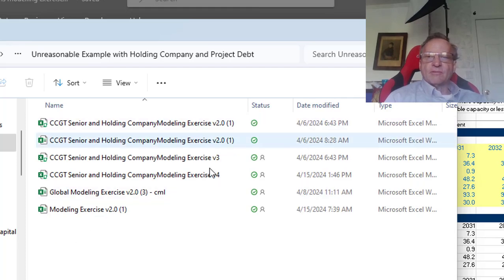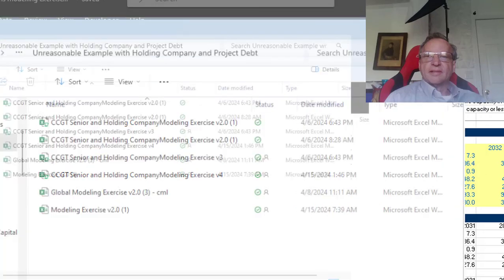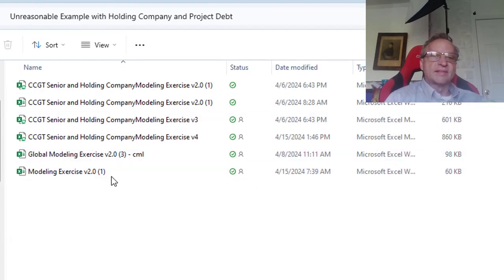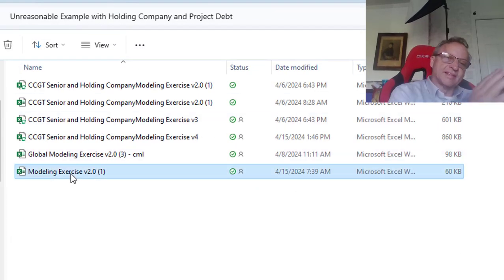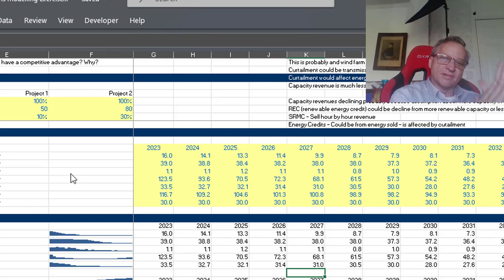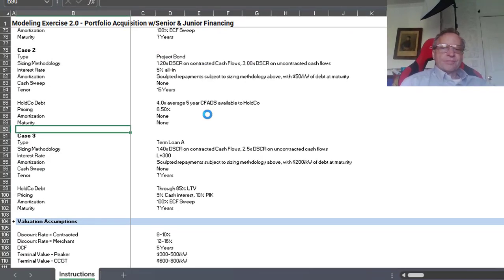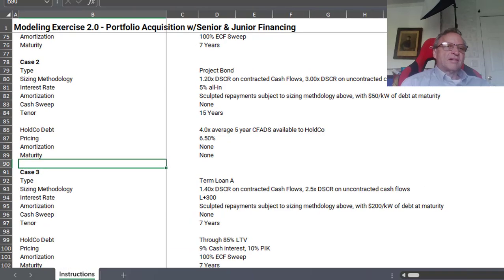Okay, and we'll look at this exercise that this person sent me. Okay, and then they said, okay, could you look at this? And let me make it a little bit larger.